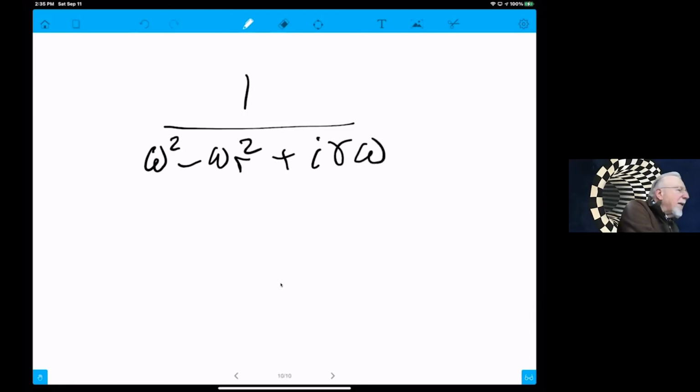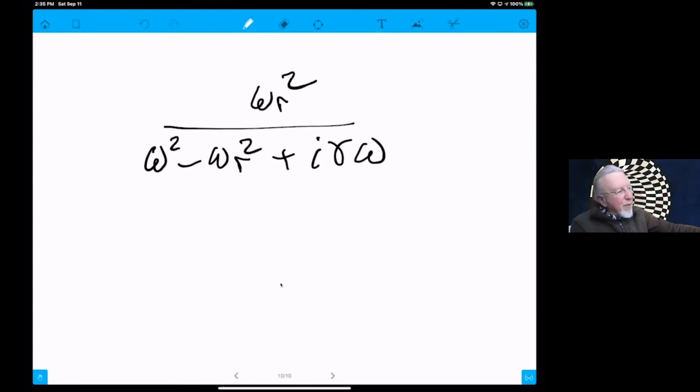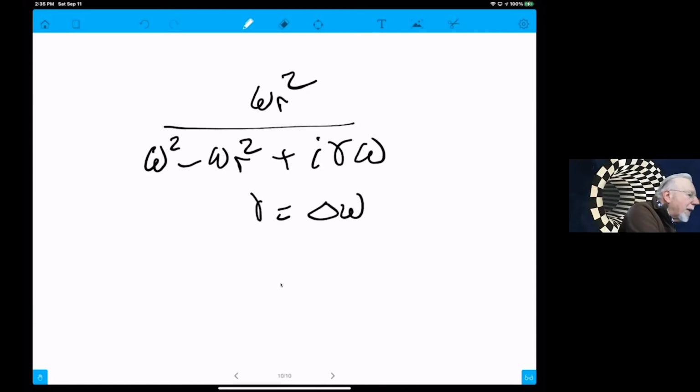Let me just normalize it and call this omega R. You have a resonance like this, where gamma is the dissipation. Gamma is the line width.